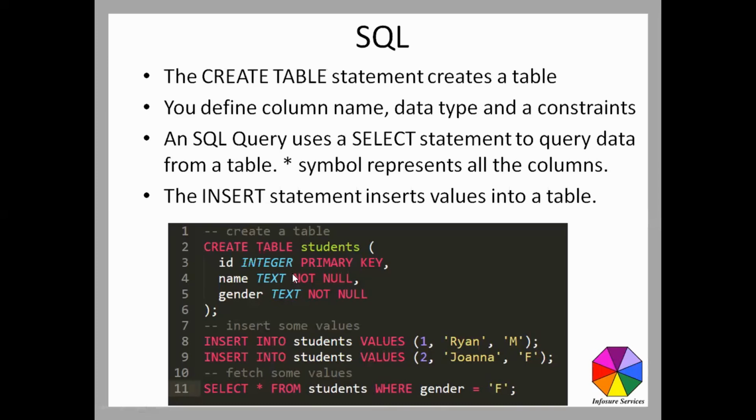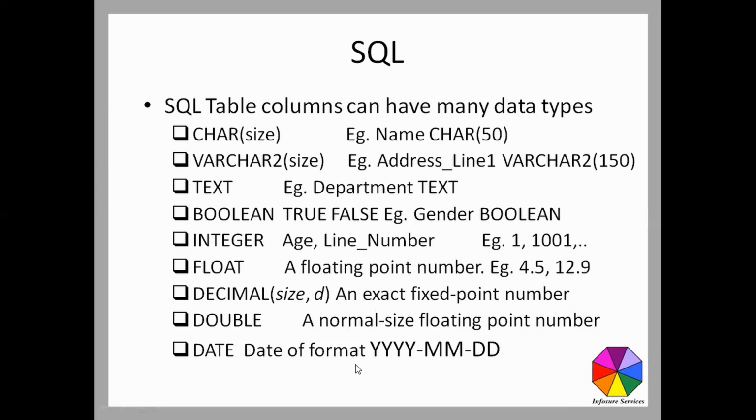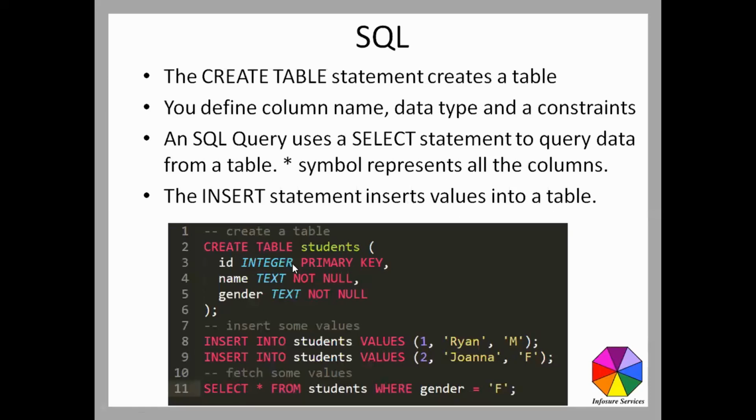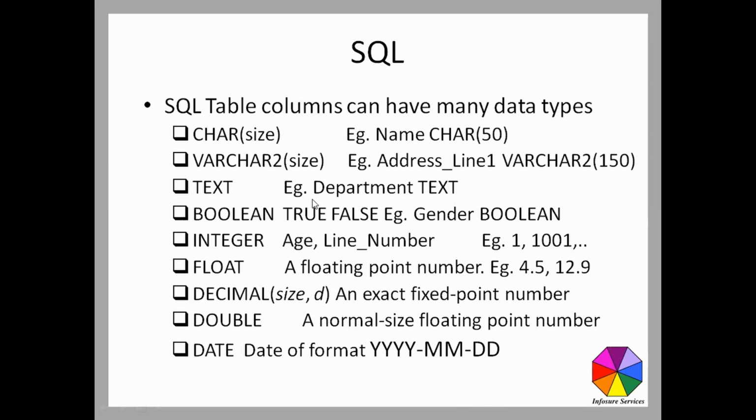So that is the simple SQL statement to create tables, define the columns, insert 2 records, and select from the table. Okay, we have other types of columns. We have actually created some simple columns here: ID, name, gender. We do have so many of them. Character with a certain length like 50, varchar2 for variable length, as address lines could be of different length.